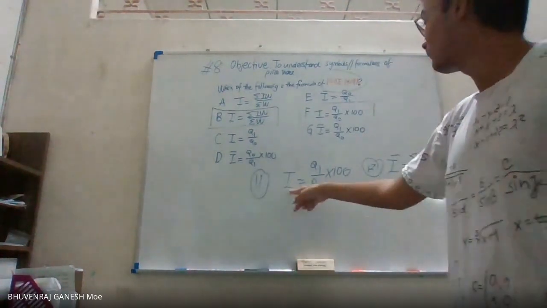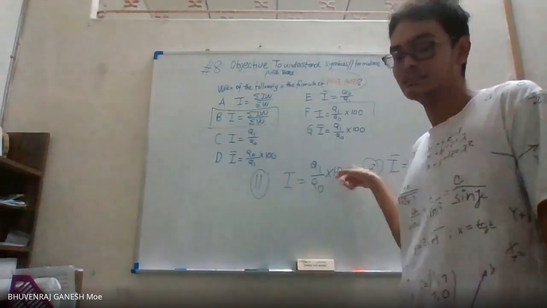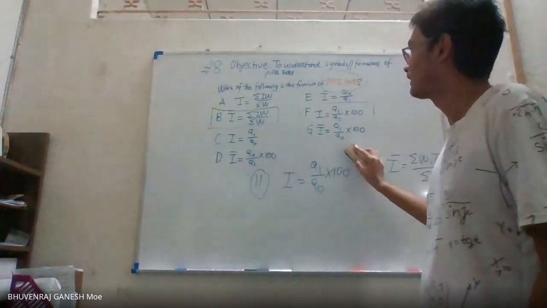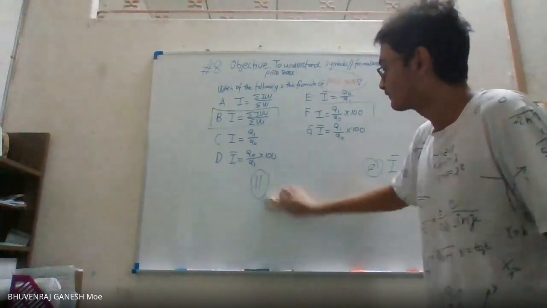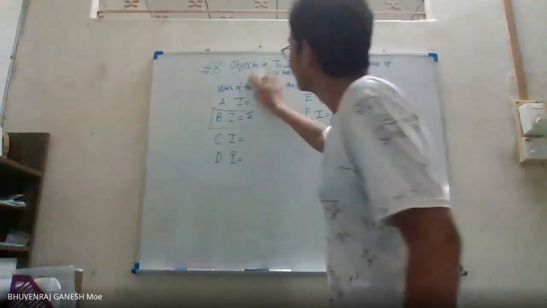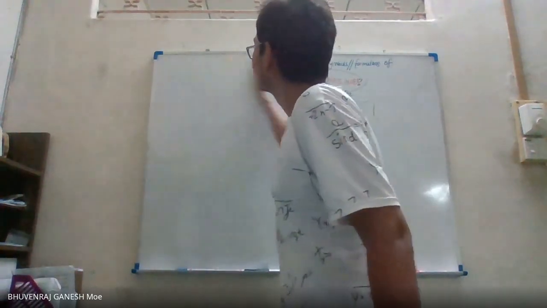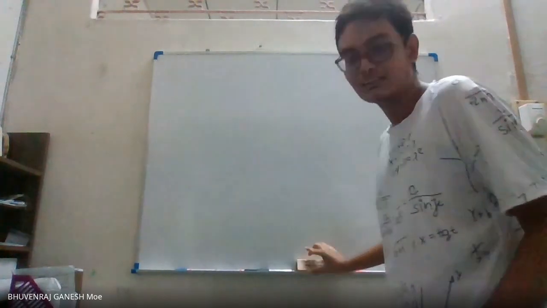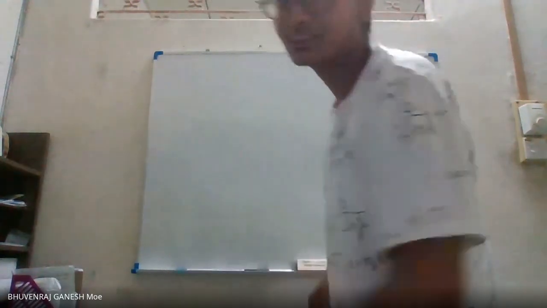Just you need to know what all the symbols stand for, which I'll show in the next question. So now we go to number 9. Number 9 is also quite similar. So number 9, you can put your answer in the chat box so that it's easier for me later.